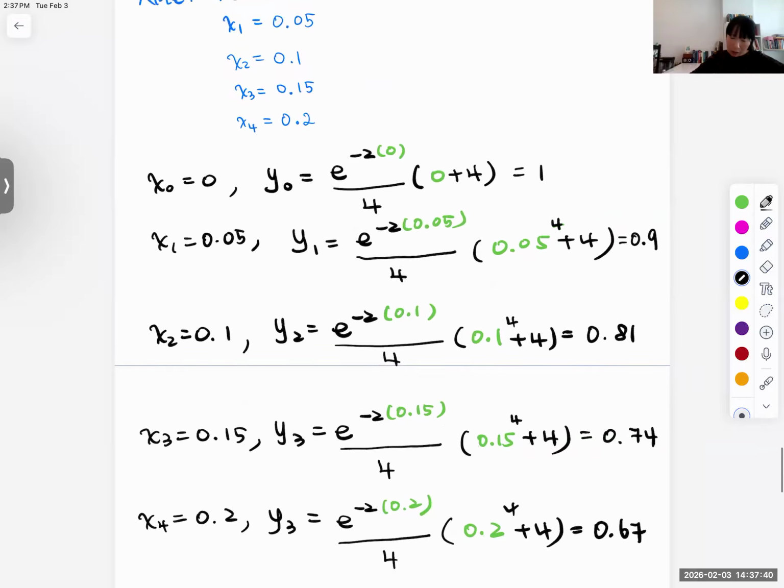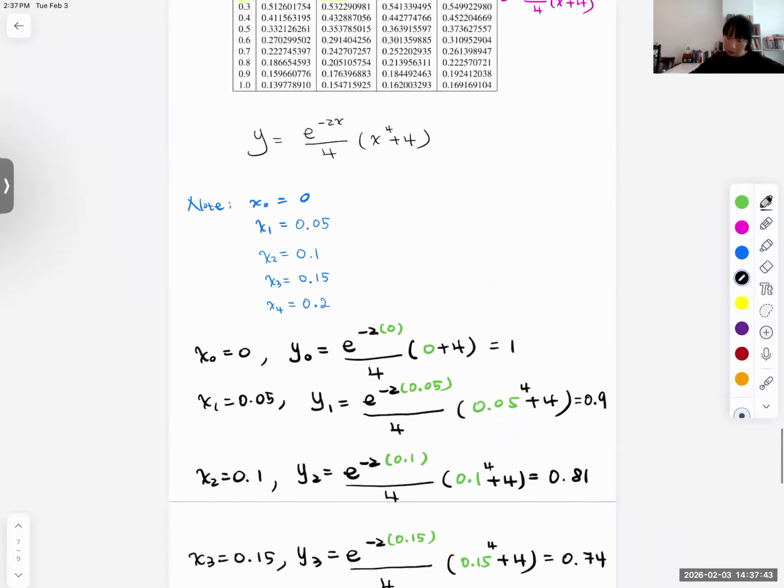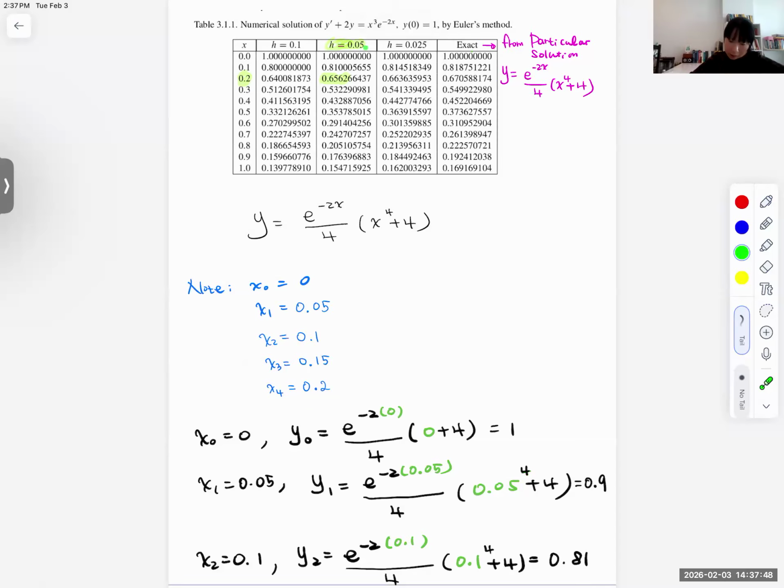Okay, let's compare. Sorry, it's hard to see, right? We had a step size 0.05. When x equals 0, it's 1. When x equals 0.05, it's 0.9 for the original one. No, wait a minute, this is not the right one.